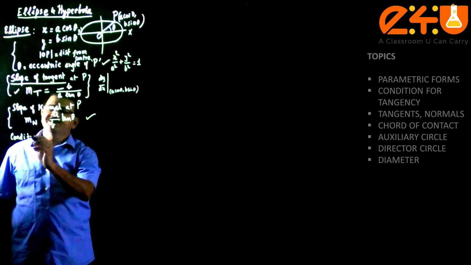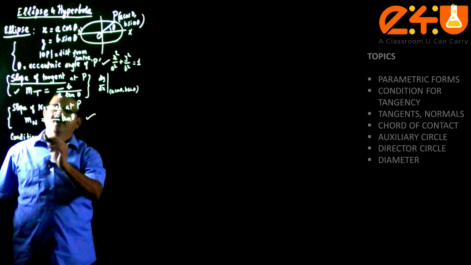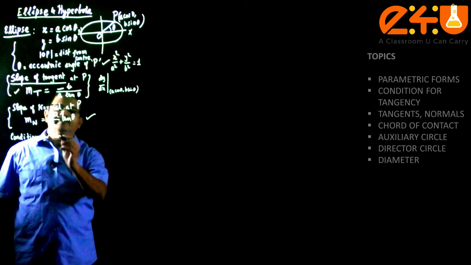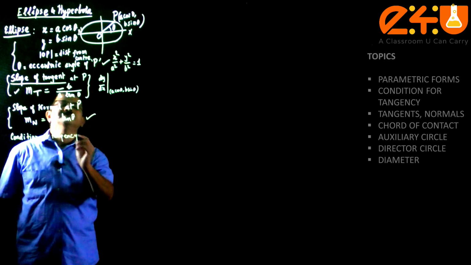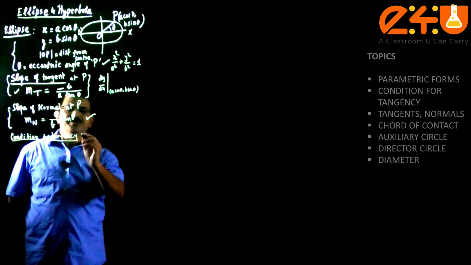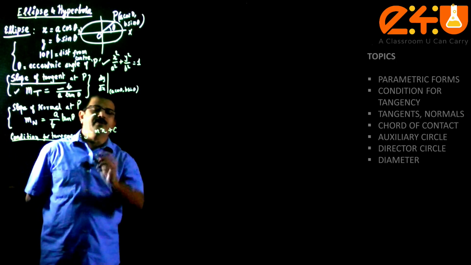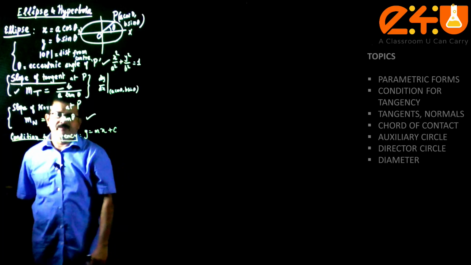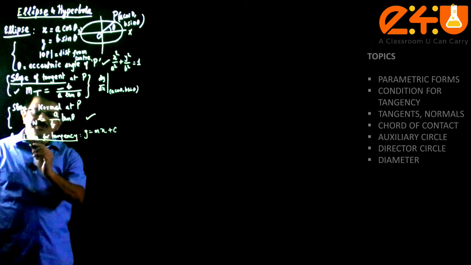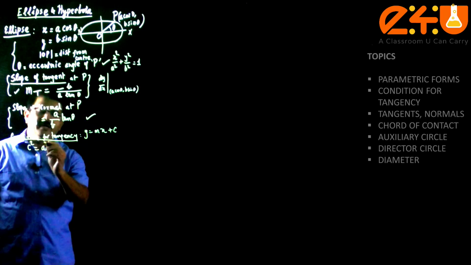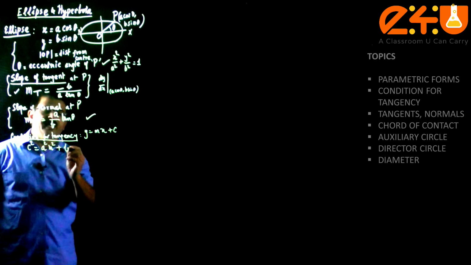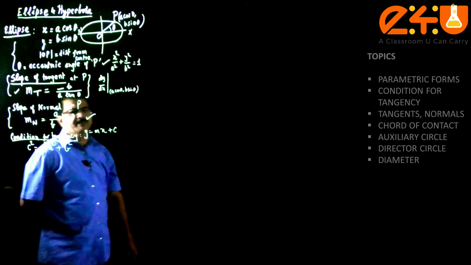And the following concept is condition for tangency. So when we talk about condition of tangency, let me take the straight line y equal to mx plus c. So c square is a square m square plus b square.